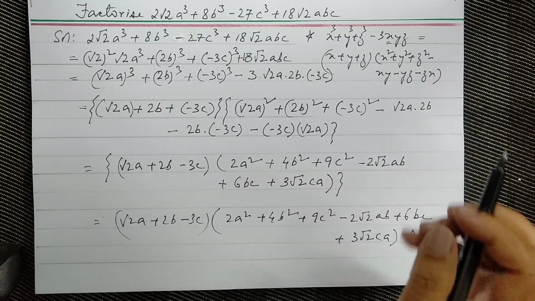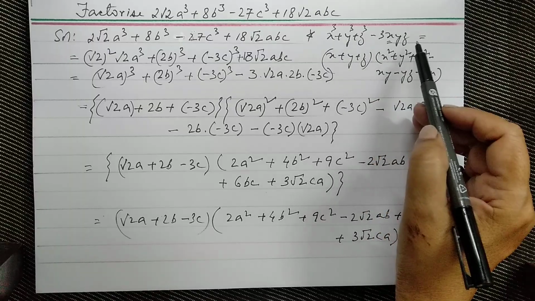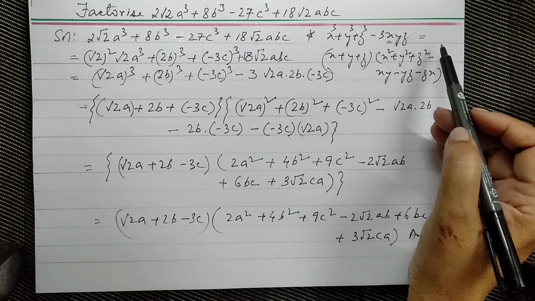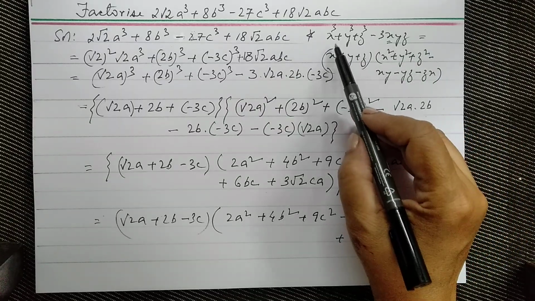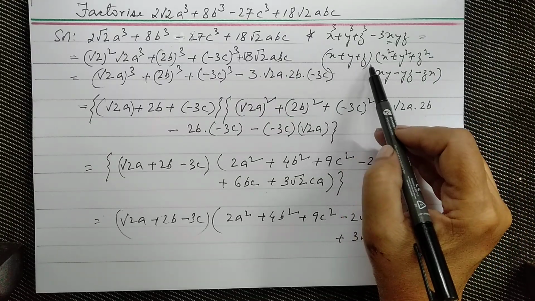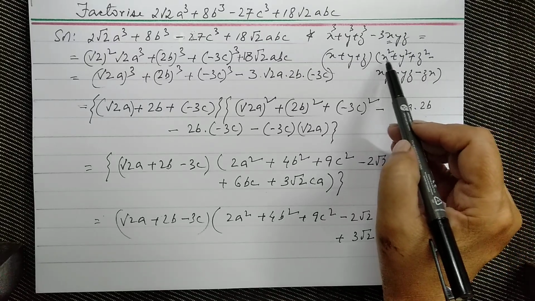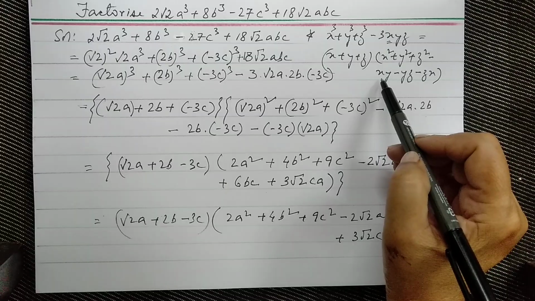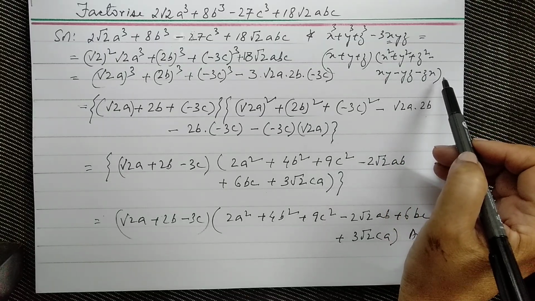So let me try and reinforce this so that it is clear. So far we hadn't used this identity. Okay, so this is an identity which is equal to x plus y plus z, however you pronounce it, multiplied by x square plus y square plus z square minus xy minus yz minus zx.